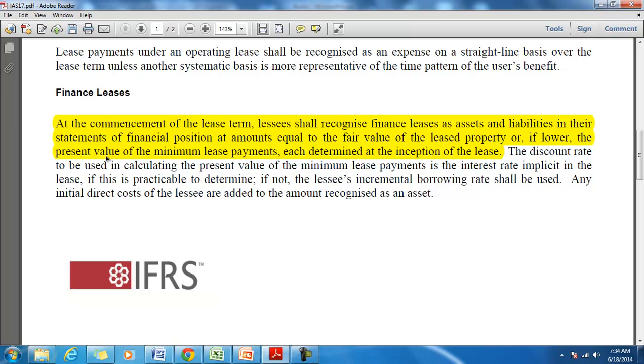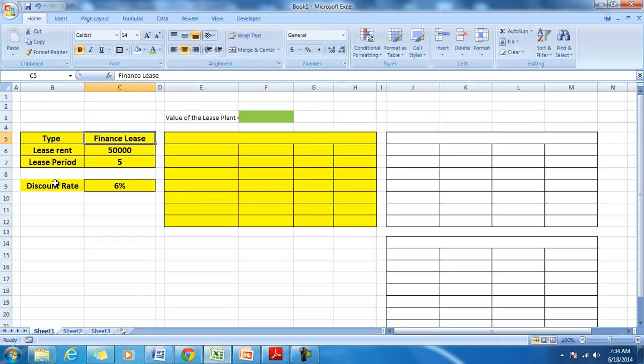For the time being, we'll only use the present value of the lease payments. And to find the present value of the lease payments, the interest rate is taken as the discount rate. In this example, the discount rate is 6%.